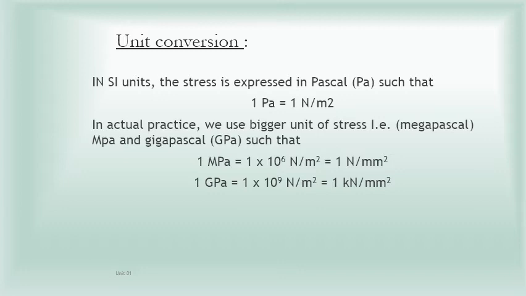In actual practice, we use bigger units of stress, that is megapascal or gigapascal, such that 1 megapascal equals 1 into 10 to the power 6 Newton per meter square, which is equal to 1 Newton per mm square, or 1 gigapascal equals 1 into 10 to the power 9 Newton per meter square, which is also equal to 1 kilonewton per mm square. So remember this.